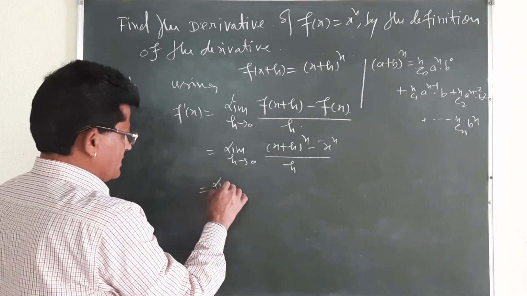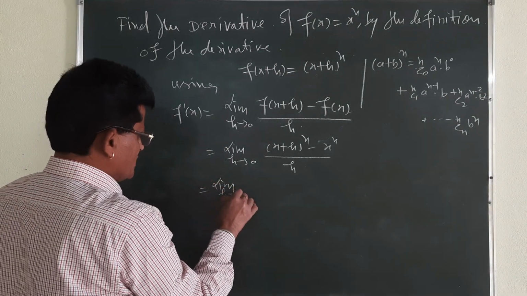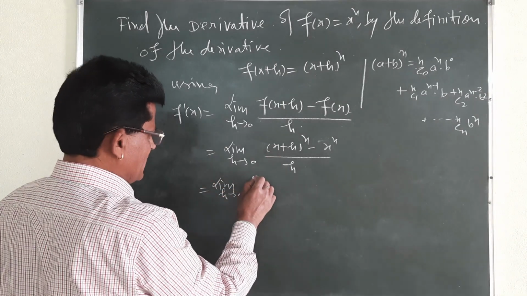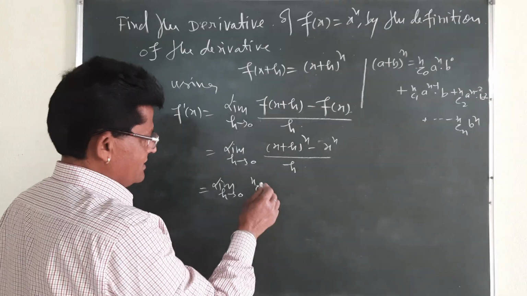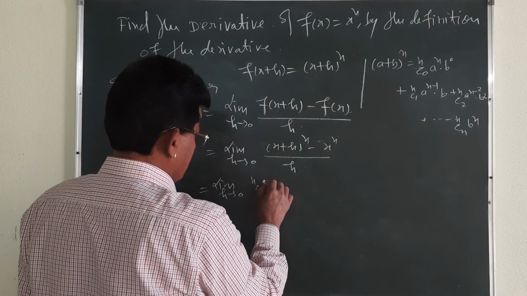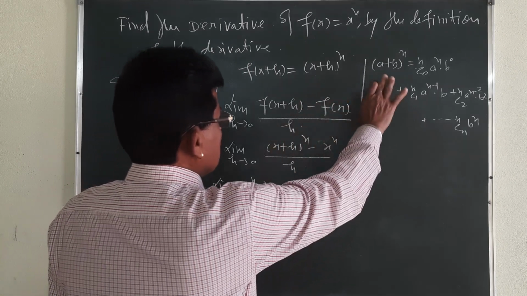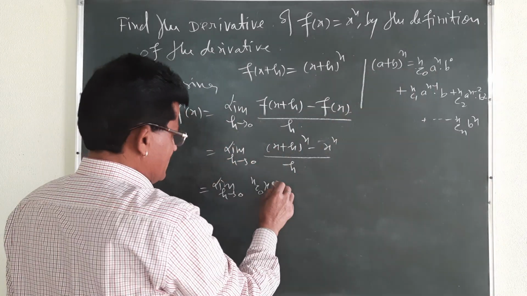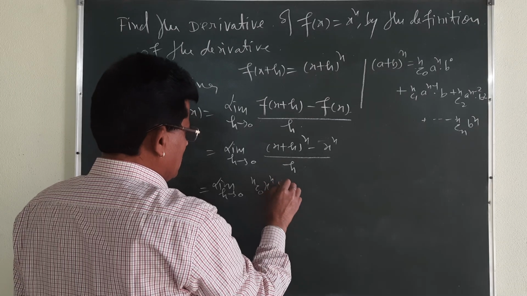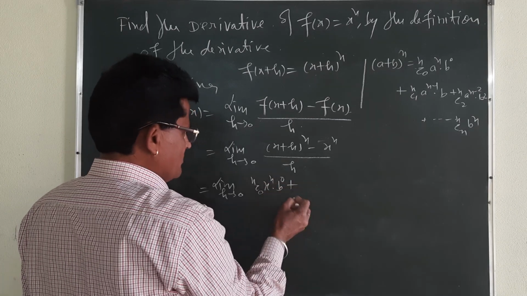Okay, let me take h tends to 0. In place of it you can write nC0 and x to the power n, see carefully, a to the power n, in place of a that is x, and b is h.